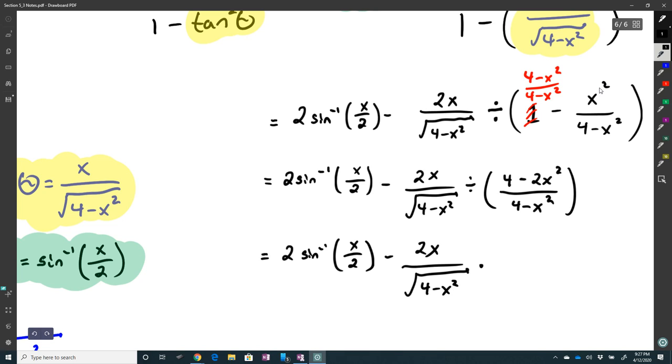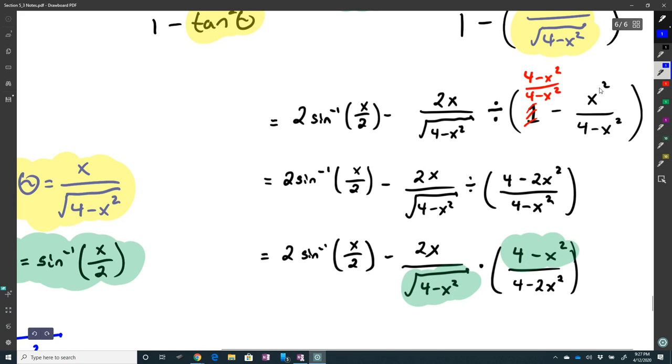Now, all the stuff we're doing here, this is no longer trig. This is just arithmetic. Knowing how to distribute. So it's division. I change it to multiplication, but I flip the second term. And I can just multiply. So what happens is these guys, this is really raised to the first power, whereas this is raised to the 1/2 power.